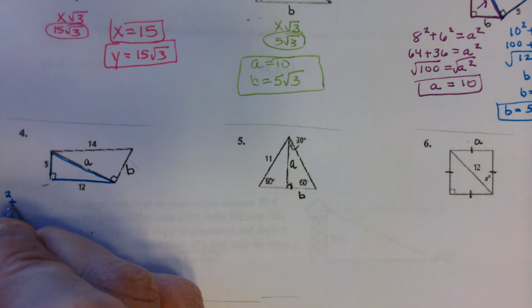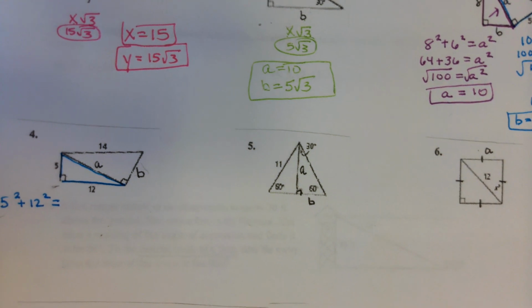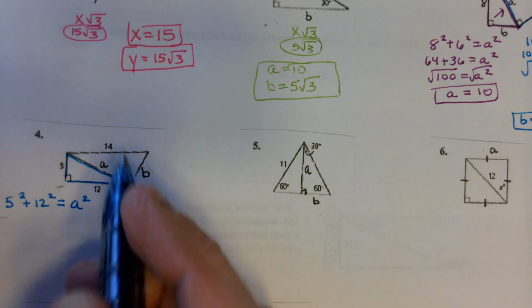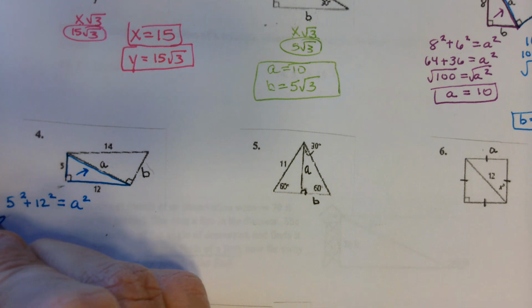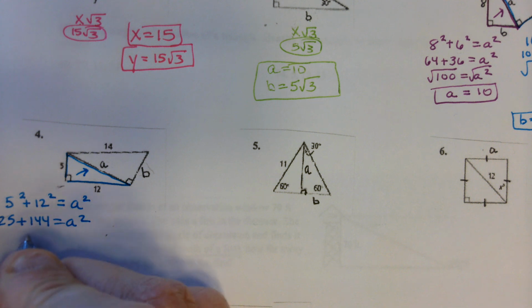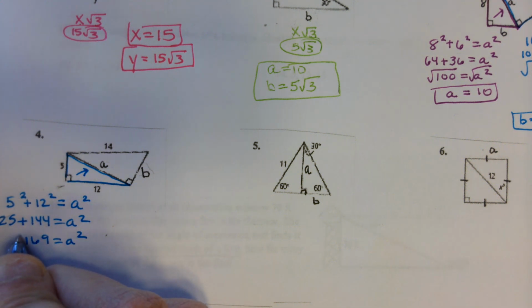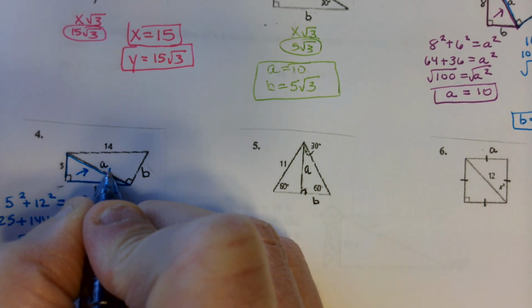So 5 squared plus 12 squared equals, let me slide it over so we're on the screen, A squared, that's the hypotenuse, across from the 90. 25 plus 144 equals A squared. Now I add them. 169 equals A squared. Square root both sides, and I'm going to flip it. A equals square root of 169, which is 13.